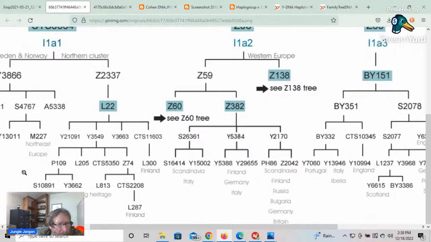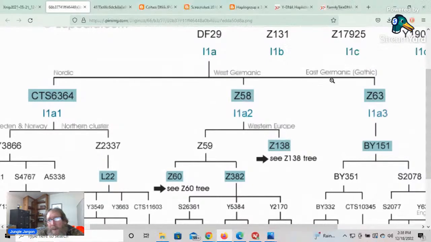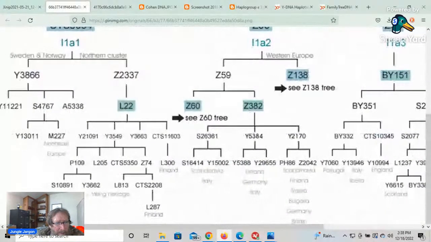But this other group would be the Nordic peoples, West Germanic people, East Germanic people, and they would be Scandinavians and Vikings, down here: Finland, Scandinavia, Germany, which is all the same thing anyway, but it's just a different lineage, that's all.